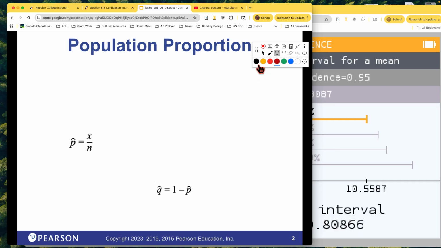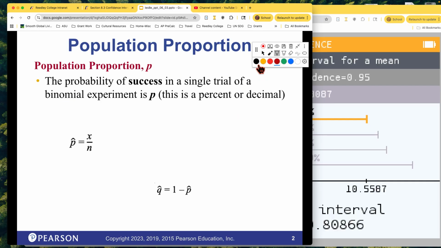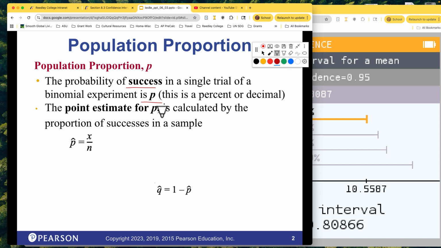Okay, so the population proportion, the probability of success in a single trial, is P. So kind of just remembering what we did in chapter 5. We're going to get the point estimate for P, and that's simply the percentage.